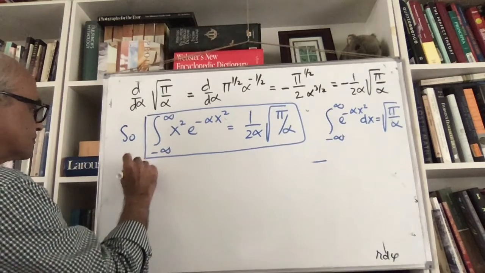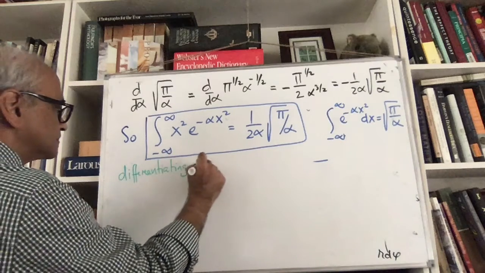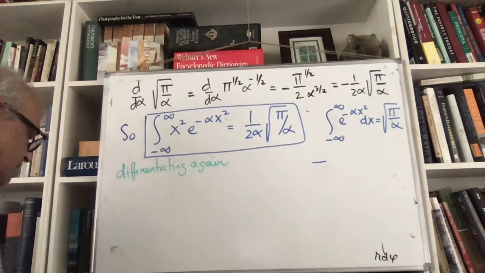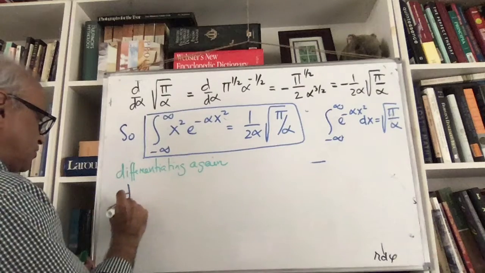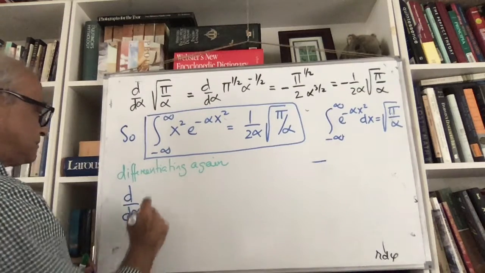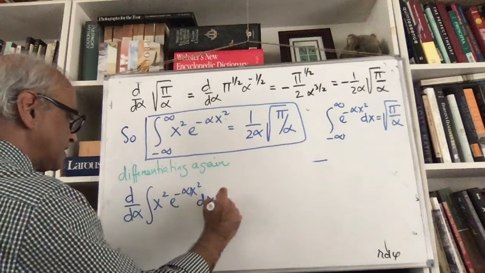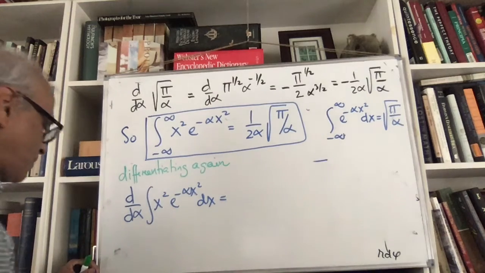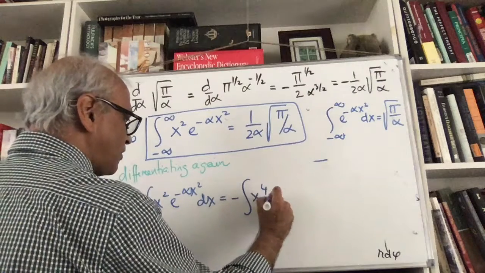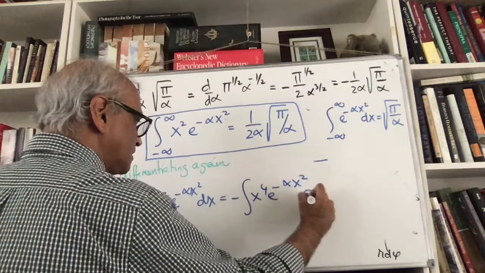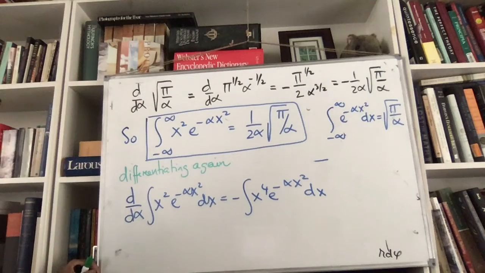Differentiating again, what happens? Well, this guy, d over d alpha of x squared e to the power minus alpha x squared dx. Again, I keep my x squared, I don't touch it, so it will become minus x to the power 4 e to the power minus alpha x squared dx, right?